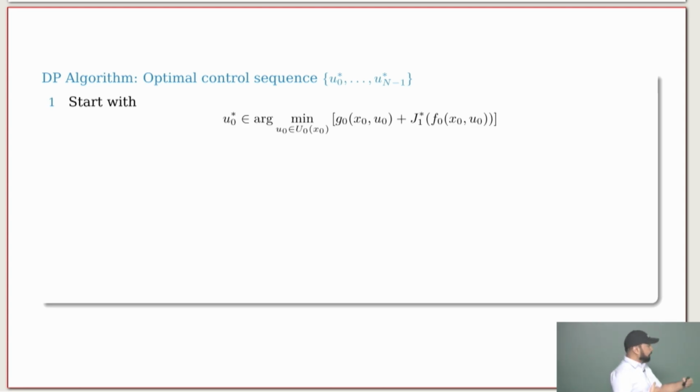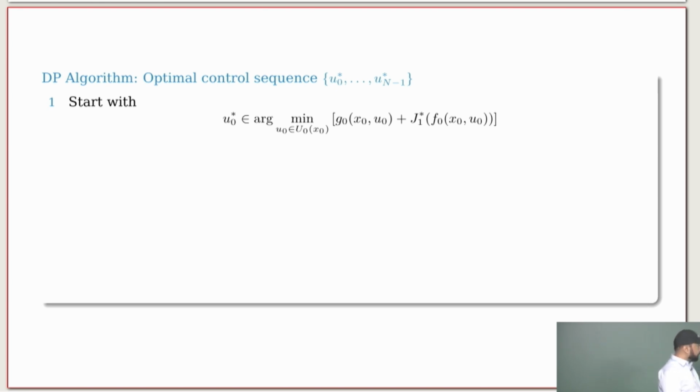We start from x0, and we are looking for the best control to go to x1. We can find this out now because we have the cost calculations there. But this optimization is only over the current set of controls going to x1. I'm only looking at x0 to x1.